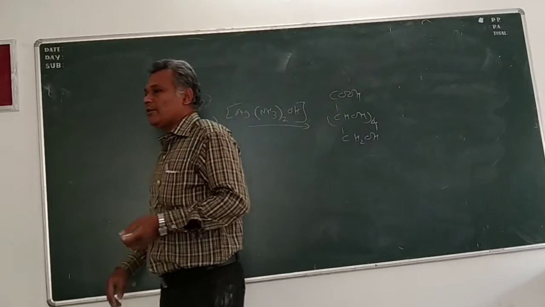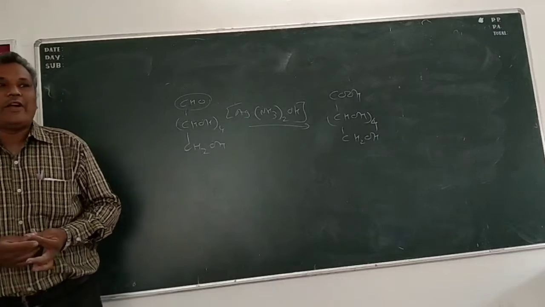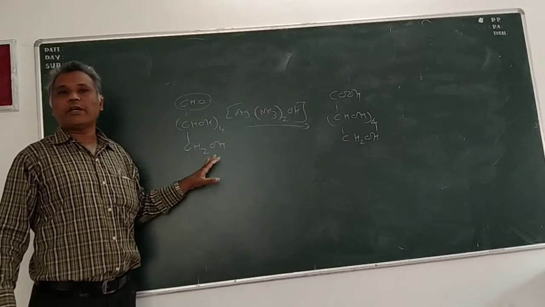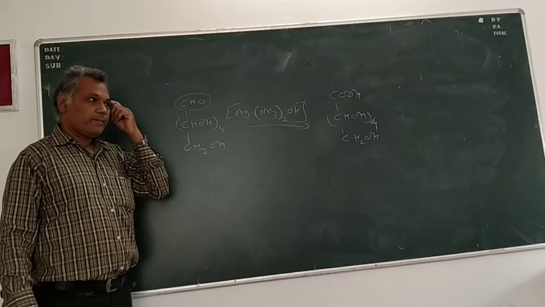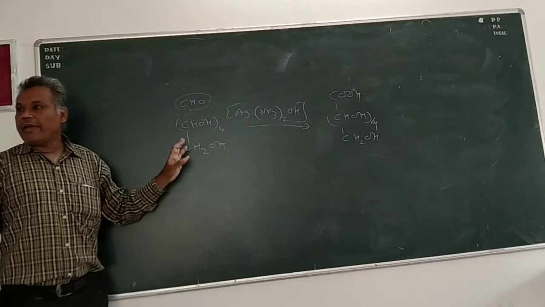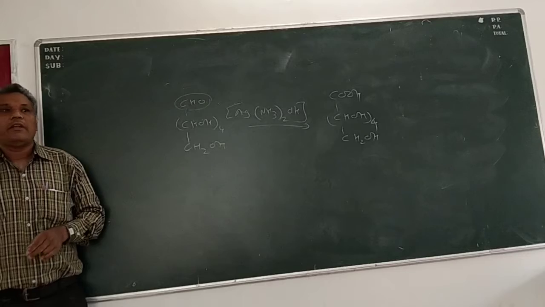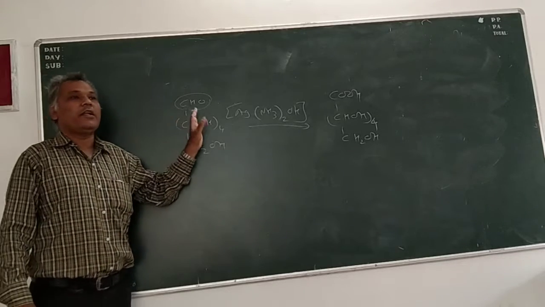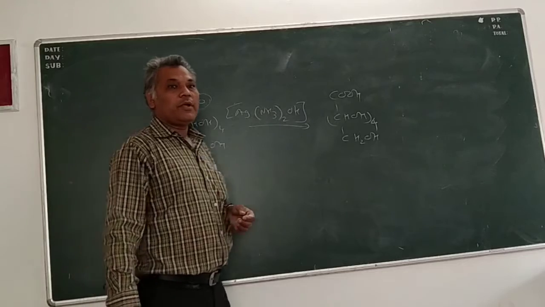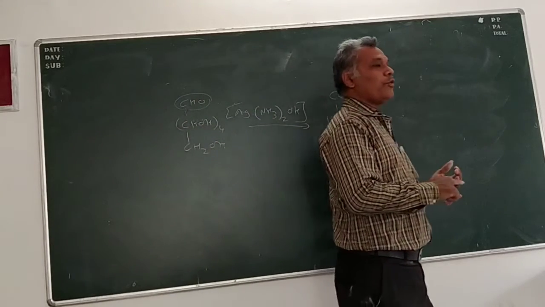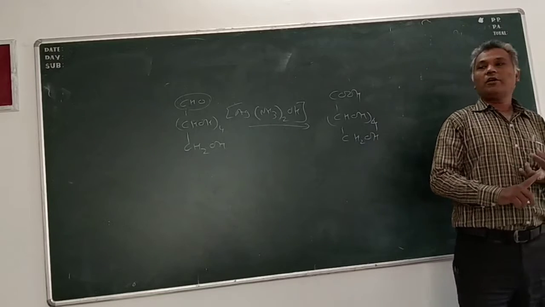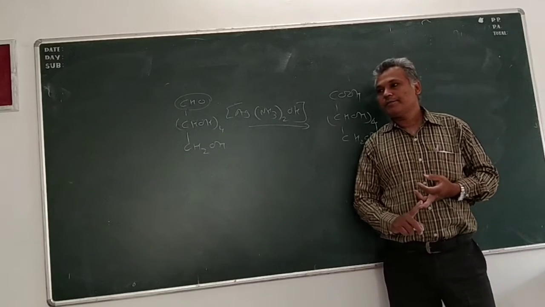It also gives the Fehling test. When it is reacted with Fehling A and Fehling B, this compound gives a red precipitate. Whenever you come to the lab and you are confirming that an organic compound contains aldehyde as a functional group, it becomes compulsory for you to produce the silver mirror as well as the red precipitate.